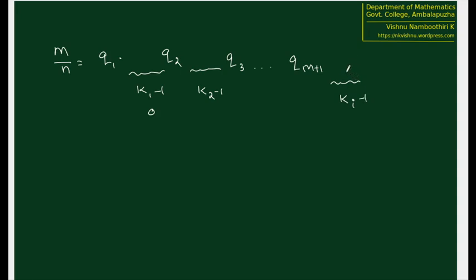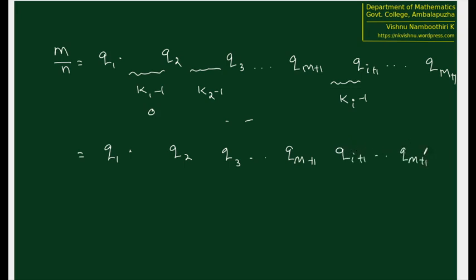This is qi plus 1, etc. qm plus 1, etc. Therefore we can write it to be q1 dot q2, zeros are here in between, etc. qm plus 1, and after that qi plus 1, etc. qm plus 1, this is repeating infinitely.